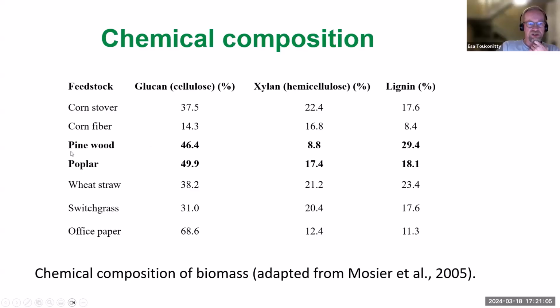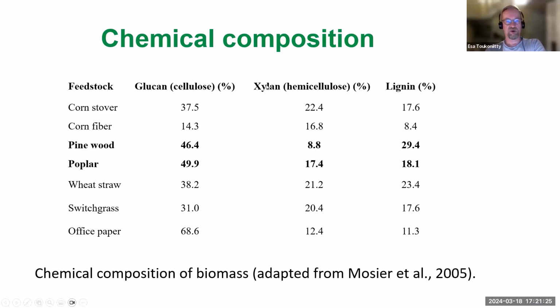So if you want cellulose separated from others, certain woods can have 50% of cellulose, but then there is of course roughly 50% of other materials and so on.